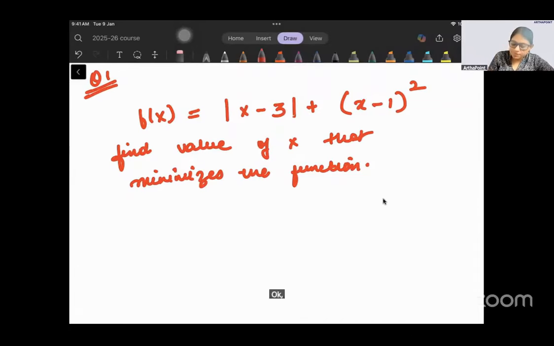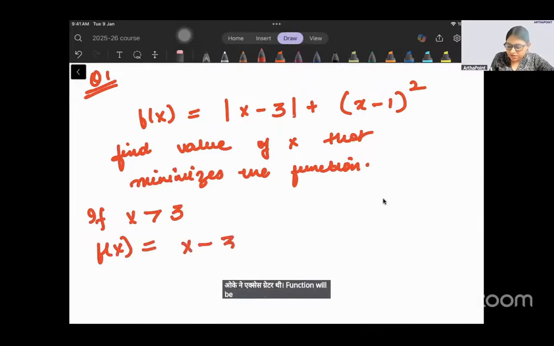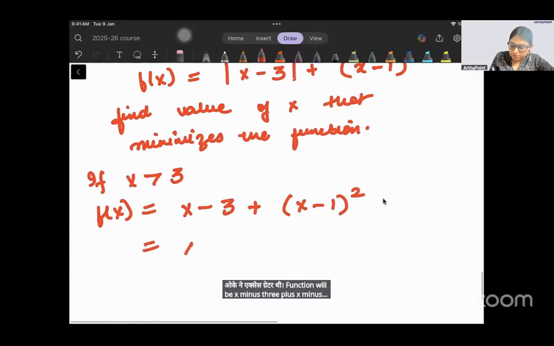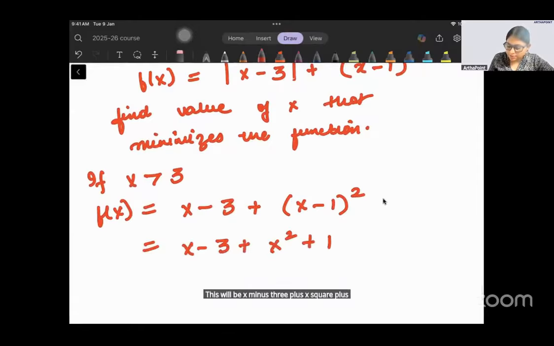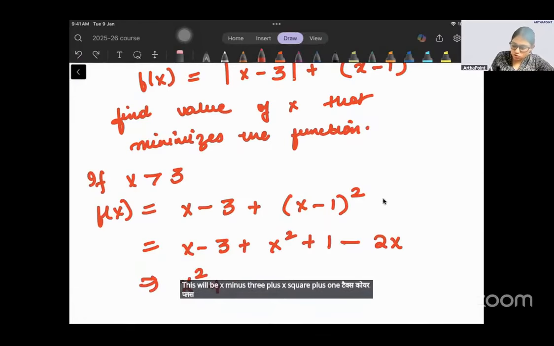Okay, let's try. So if x is greater than 3, function will be x minus 3 plus (x minus 1) whole square. This will be x minus 3 plus x square plus 1 minus 2x, x square minus x minus 2.